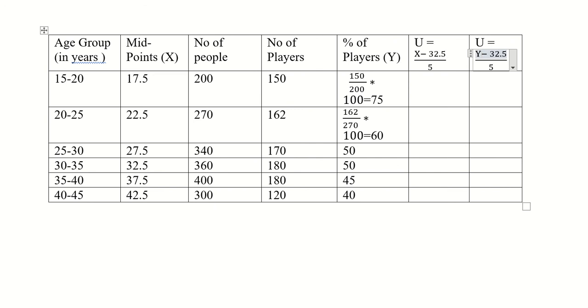This is y, and this is v. And here we will assume a certain value. Probably we can assume 50. So I will write y minus 50 here, divided by 5 again. So 1 or 2 I will solve, and the rest I will just show you the values.